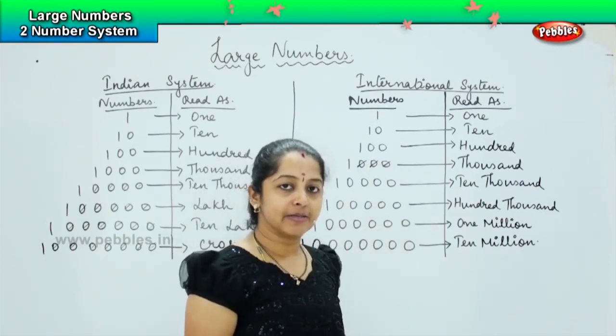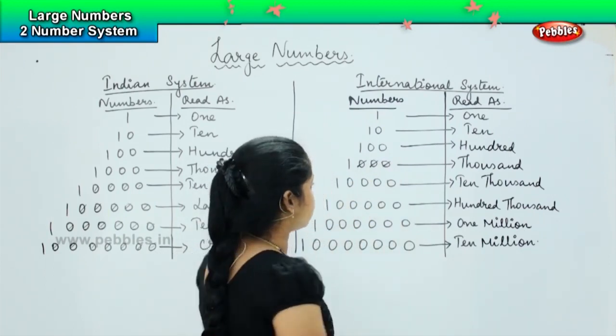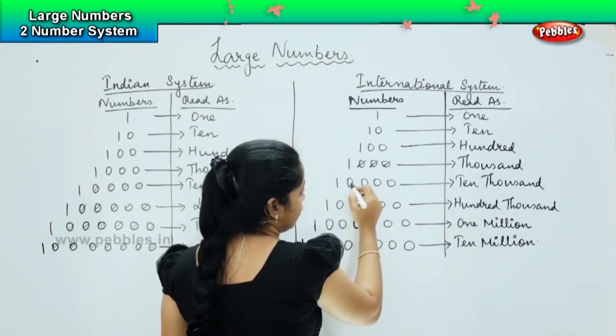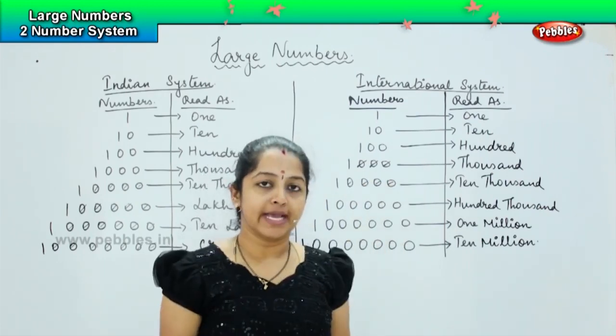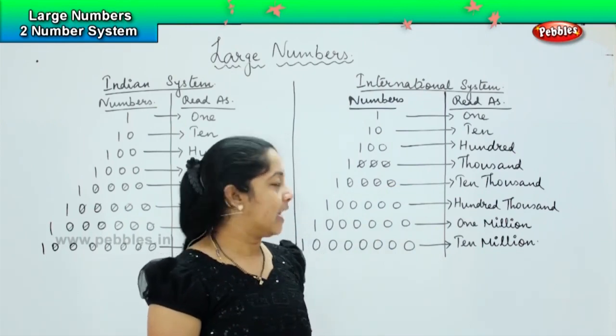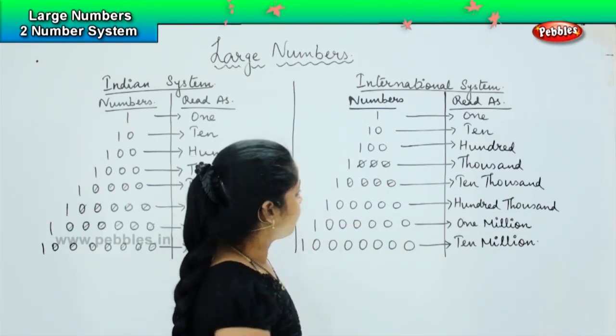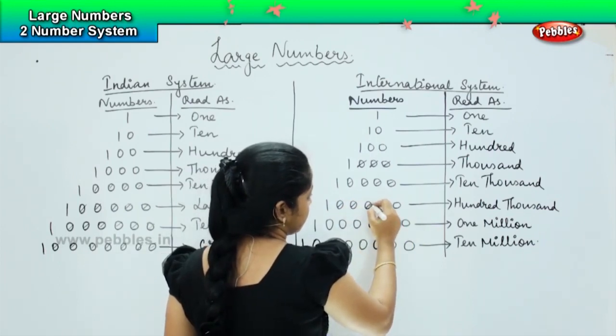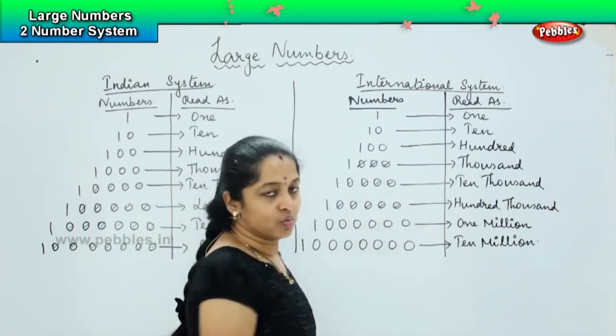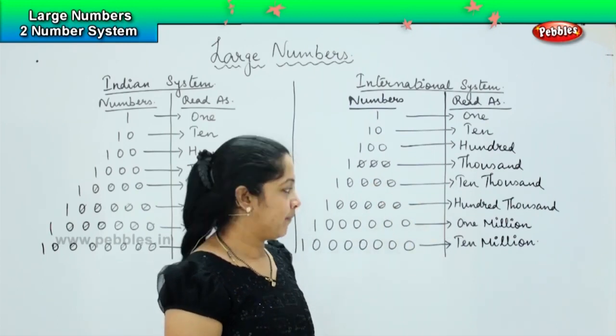It is termed as 1000. Now 1 followed by 4 zeros is called 10,000.